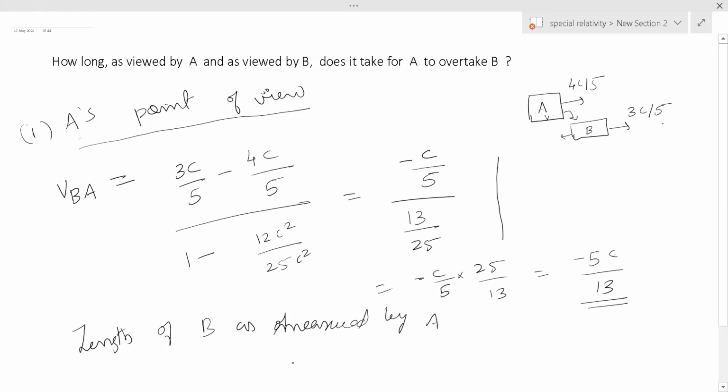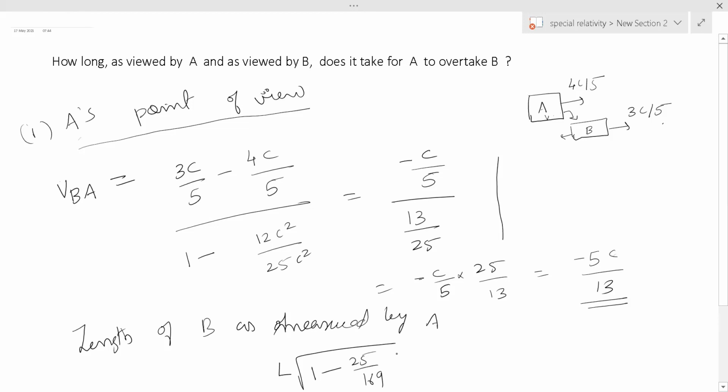A sees that B is moving at the speed 5c by 13. So that would be the proper length multiplied by the square root of 1 minus v square by c square. In this case, v square by c square is 25 by 169, is that correct?